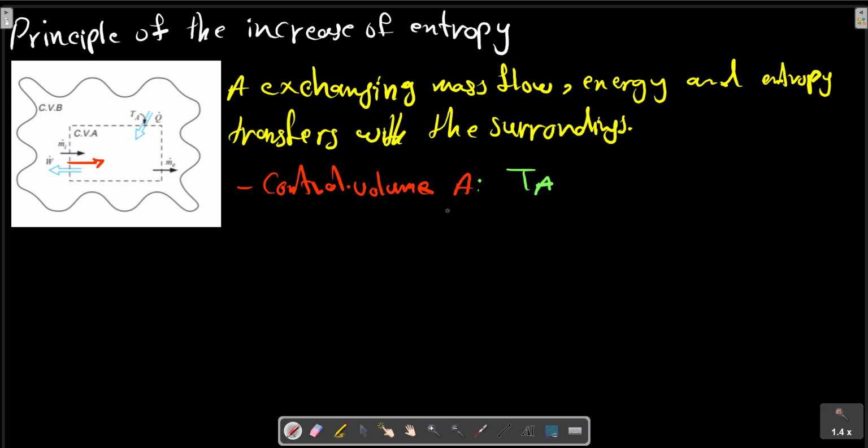First, let us write the entropy balance equation for the two control volumes as this relation.